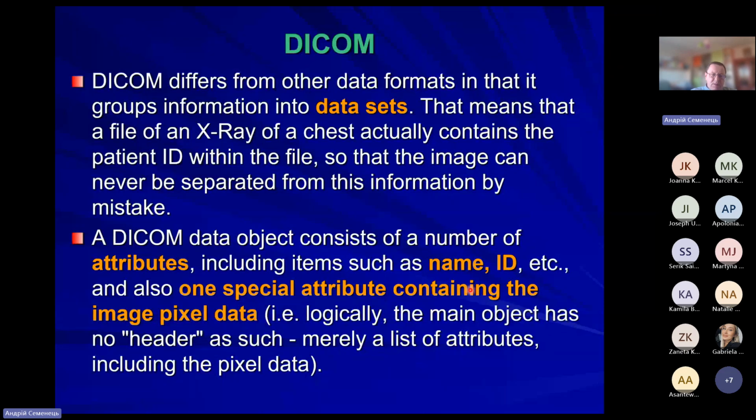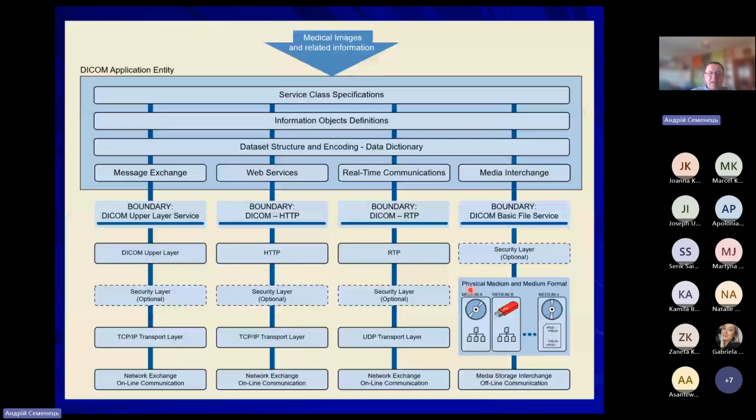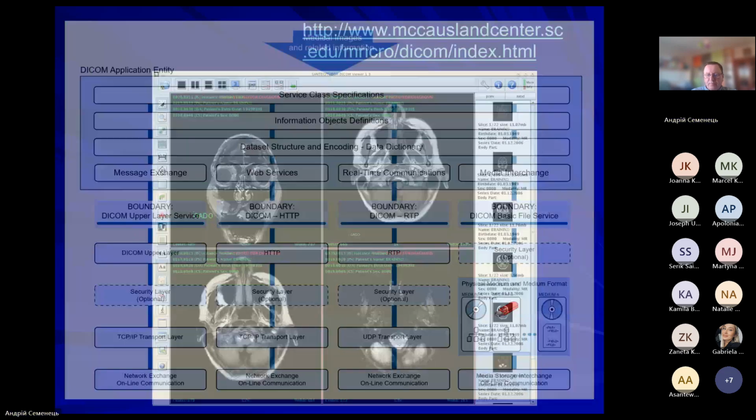And then another section of DICOM is the actual image. So it's the image combined with the data set about the image, which has to depict all aspects of what kind of image it is.